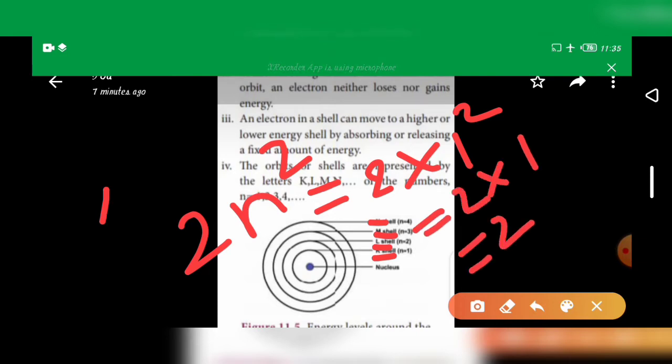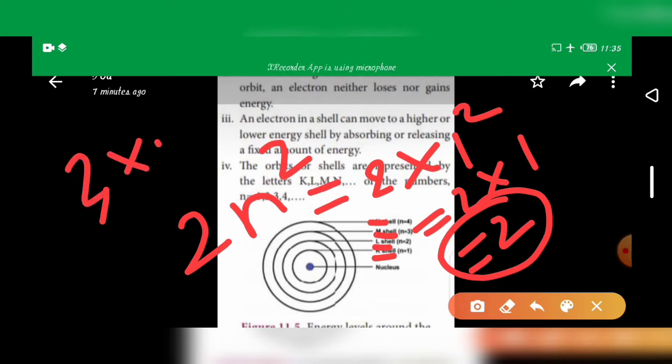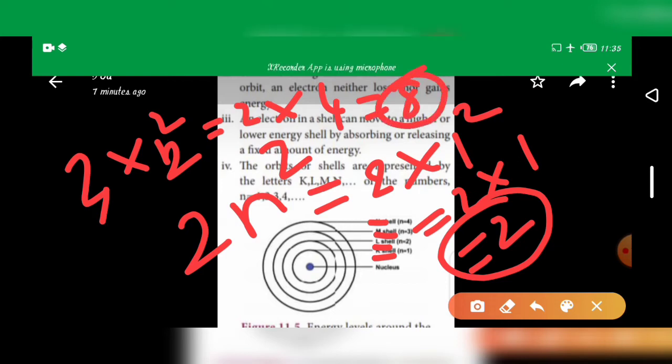So the first shell contains 2 electrons. Suppose you take the second shell, n is equal to 2: 2 into 2 squared equals 2 into 4 equals 8. So the second shell contains 8 electrons. Like that it goes on. We can identify the maximum number of electrons in the energy levels by this formula 2n squared.